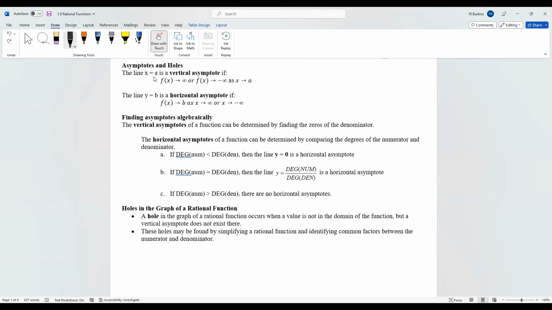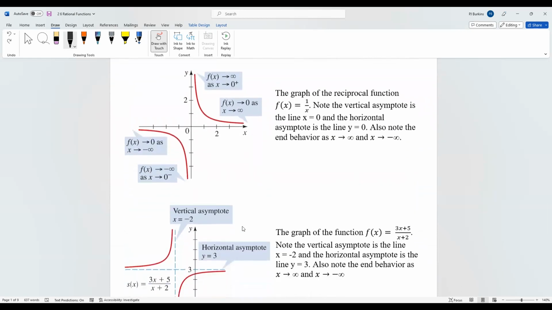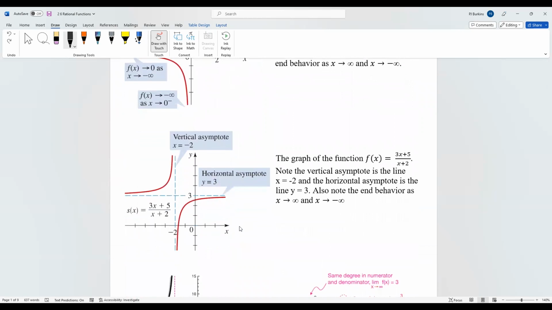So the first one, x equals a is a vertical asymptote. Okay, so let's look at a good example here. You'll see we have a vertical asymptote at x equals -2. Above it said that the function goes off to infinity or negative infinity. Remember, f of x just means y.